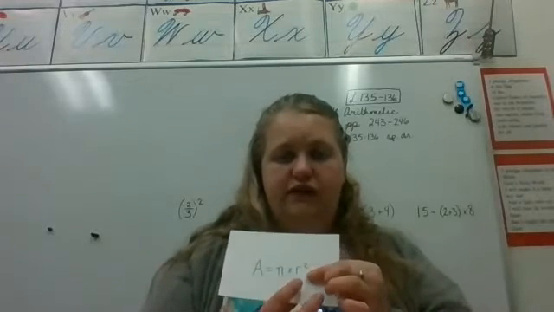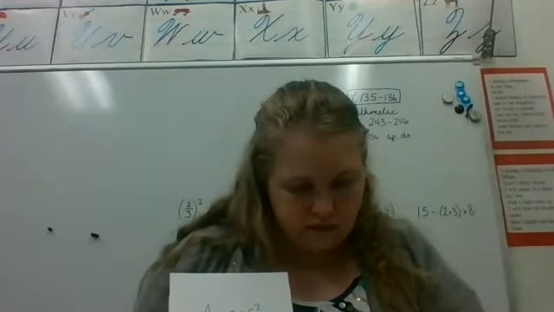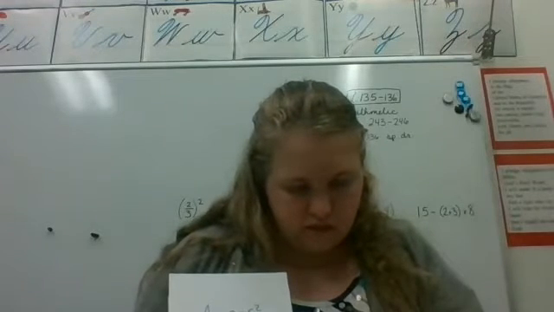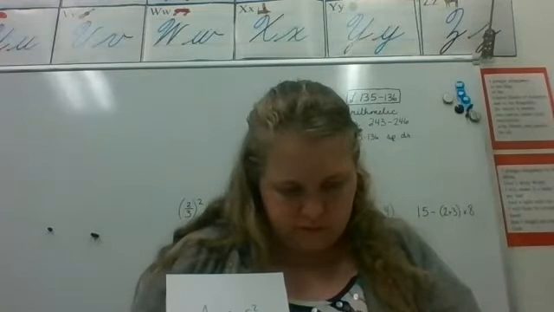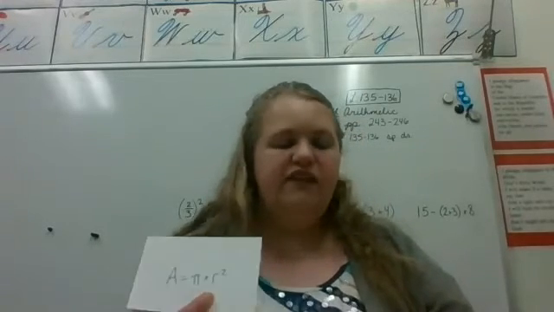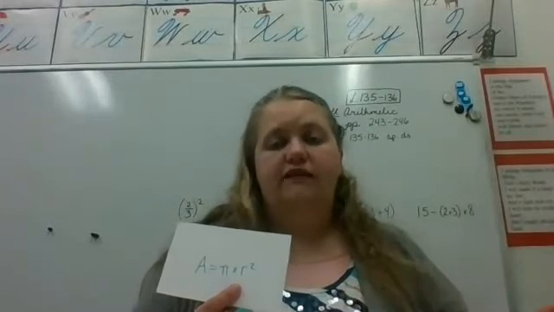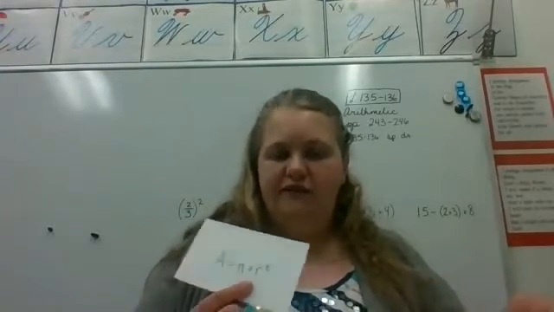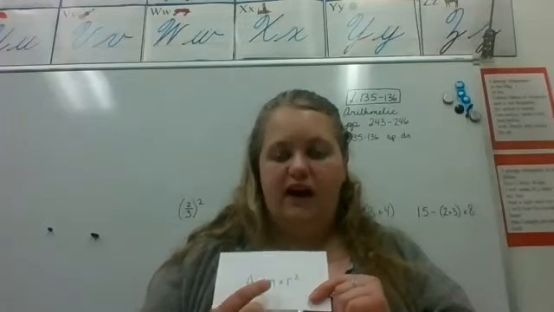So if this R in your example was, no, the example doesn't say that. If it was 5 inches, we would multiply 5 times 5, and we would get 25. Okay, before we multiply, then we multiply 25 times pi.